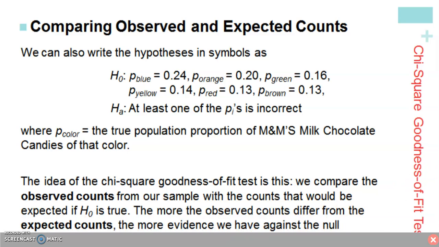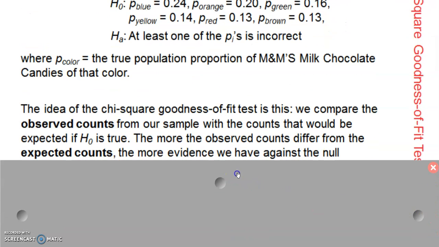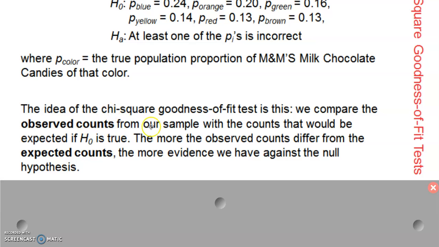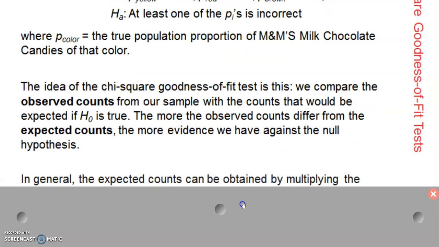So the idea then of the chi-square goodness of fit test is that we compare the observed counts of our sample to the counts we would expect if that null hypothesis is true. Now, the more the observed counts differ from the expected counts, that's more evidence against the null hypothesis.